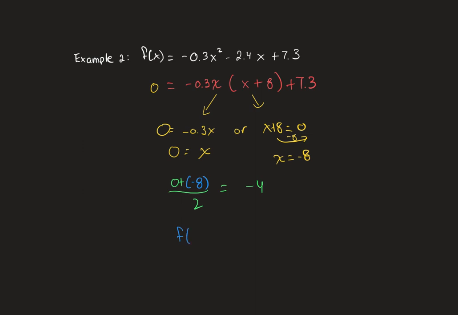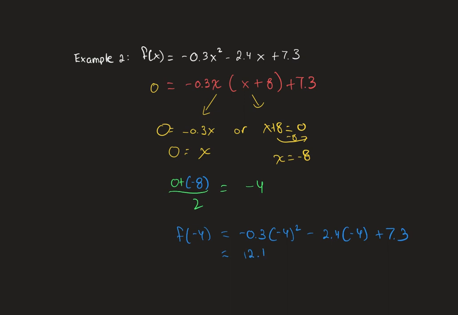I'm going to use different color each one to show the steps. Negative 4 is equal to, so you're going to substitute it in, 0.3, negative 4 squared, minus 2.4, negative 4, plus 7.3. And when I calculate this all out, you should get a value of 12.1.